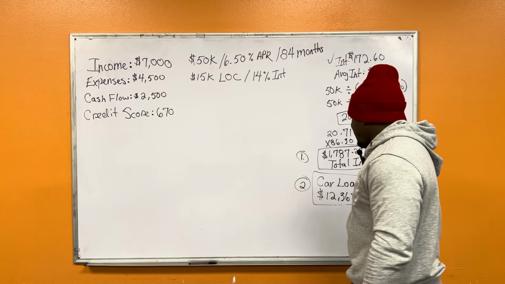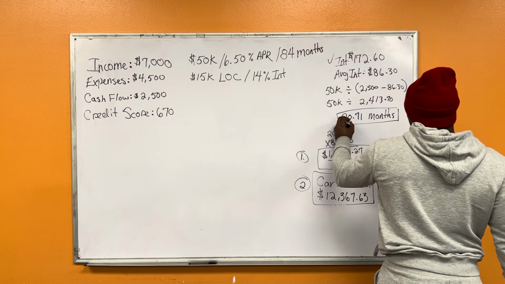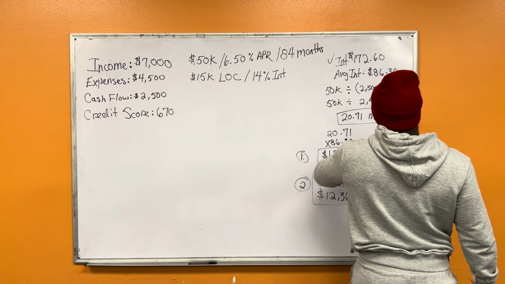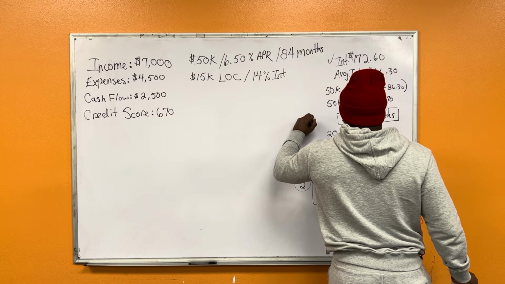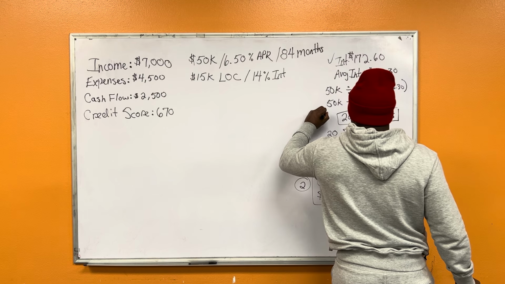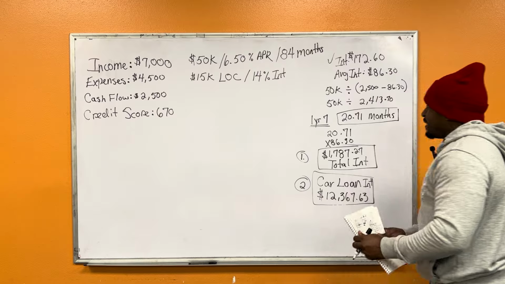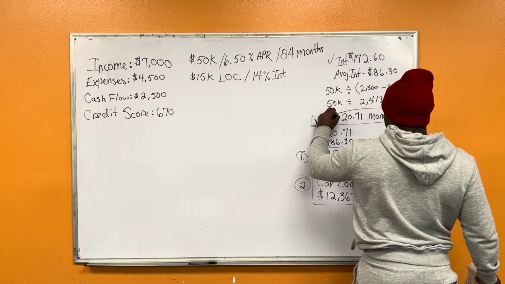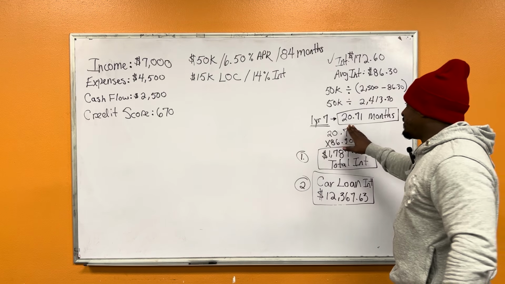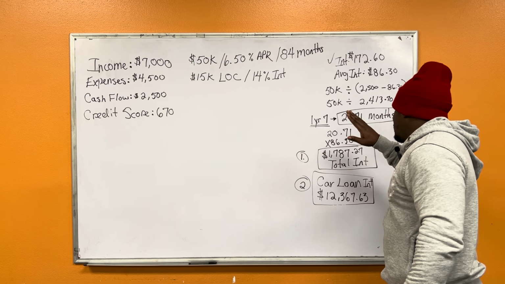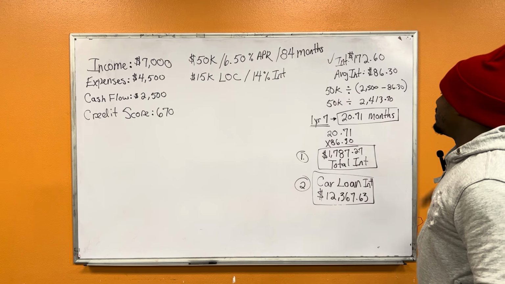Now he's cutting this completely short, because 20.71 months is 1 year and like 7 months. That's what this is equivalent to. 1 year, 7 months in total months is 20.71 months.